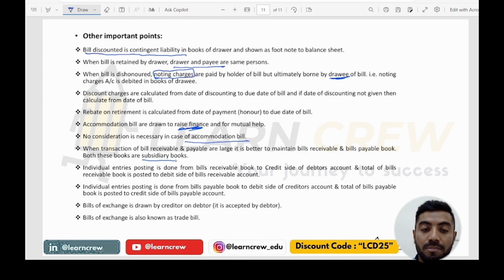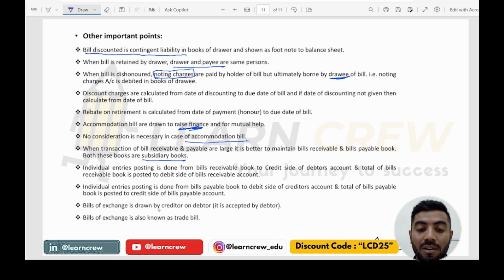Both these books are subsidiary books. Individual entries are posted from the bills receivable book to the credit side of the debtors account, and the total of the bills receivable book is posted to the debit side of bills receivable. We'll get into this in detail in the chapter on sole proprietorship. The bills payable book works vice versa.